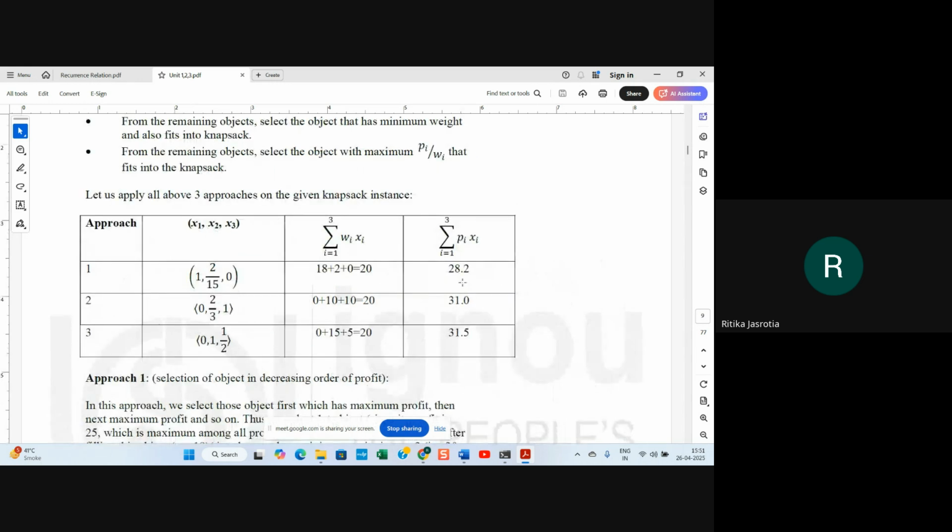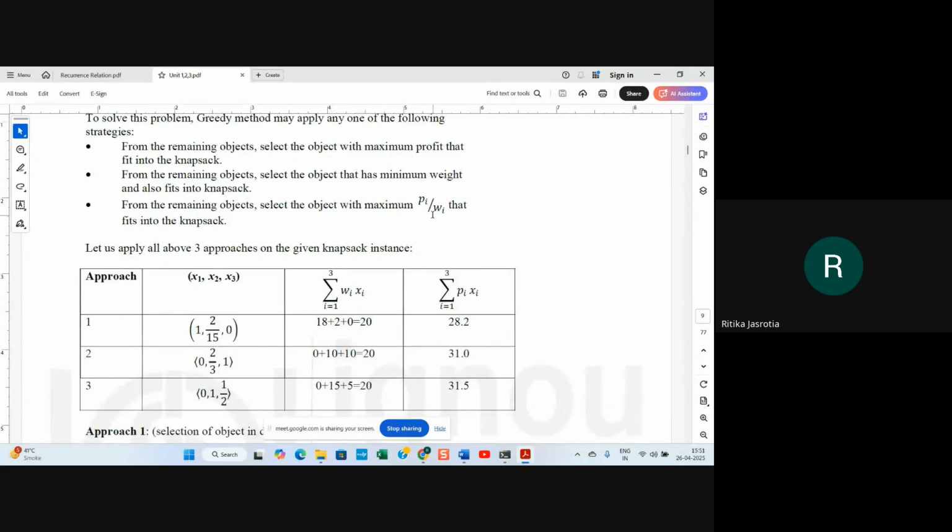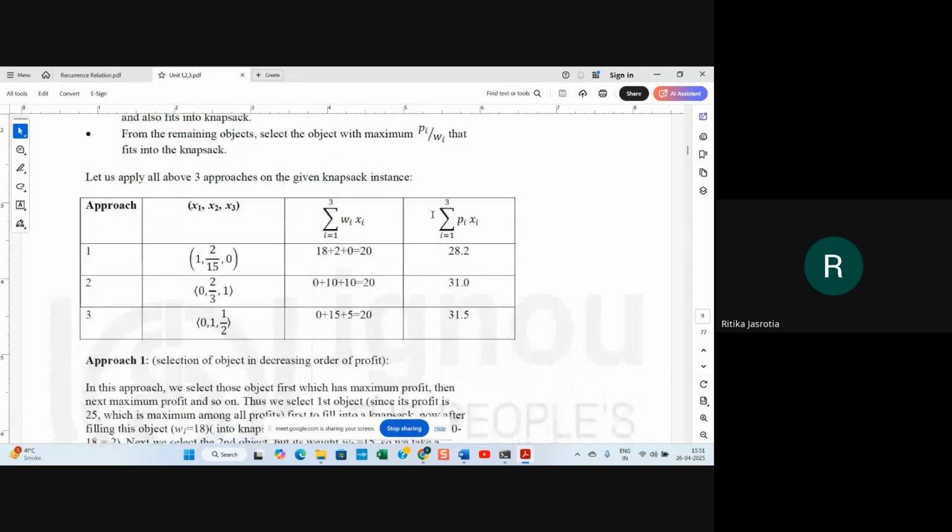Now we have seen three alternatives for these solutions. One is we select the maximum profit. The second is we select the minimum weight. The third is we divide profit by weight and then select the maximum profit divided by weight.